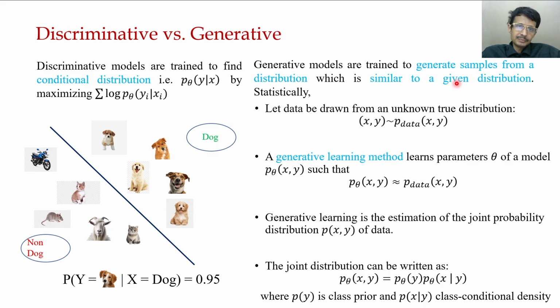That's what we have seen earlier. So let data be drawn from an unknown true distribution. Let P data of x, y, that is the data and the label, come from this distribution, and it is unknown.